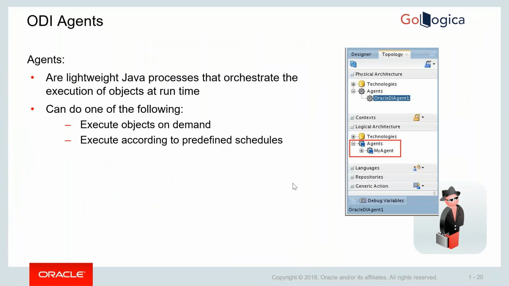Whereas the internal agent can be used only for on-demand executions, it cannot do scheduling. If you want to execute scheduled jobs, configuring an agent is mandatory.